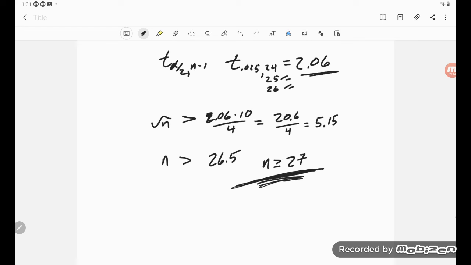These are all 2.06, and by the time I get to 27, well, n of 27 is 26 degrees of freedom. And so it all works out. And so we'll call it 27. Seems like a good answer for that one.